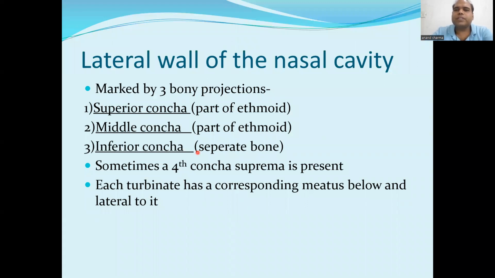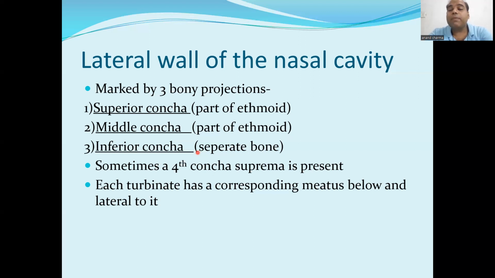As we have discussed in the diagram, we can see there are three bony projections from the lateral wall of the nose, which are known as turbinates or concha: the superior concha, middle concha, and inferior concha. The superior and middle concha are projections of the ethmoid bone, and the inferior concha or inferior turbinate is a separate bone in itself.